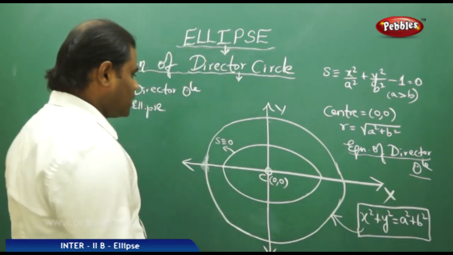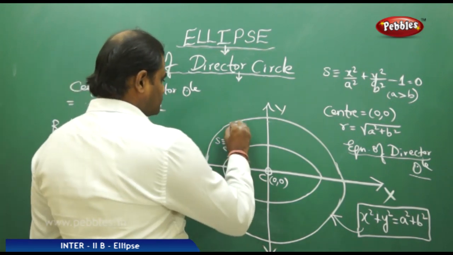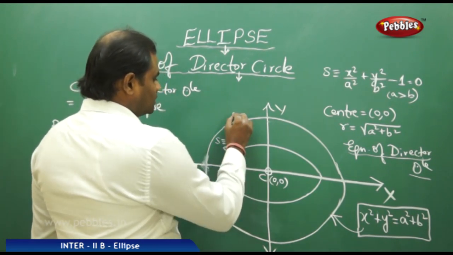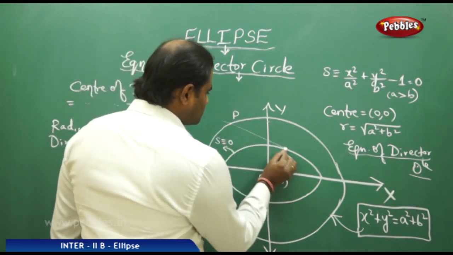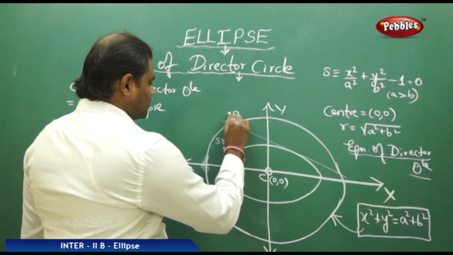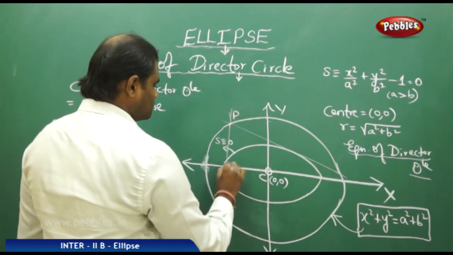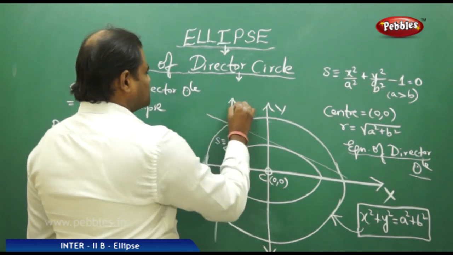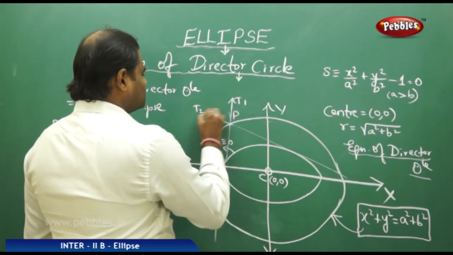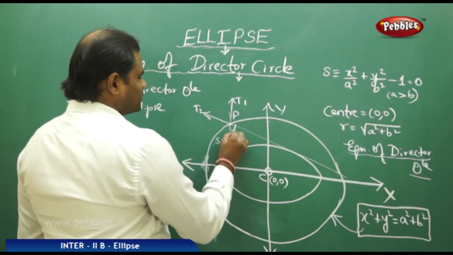And if I take any point on the director circle, that means I can draw two tangents to the ellipse, T1 and T2, which are always perpendicular to each other.